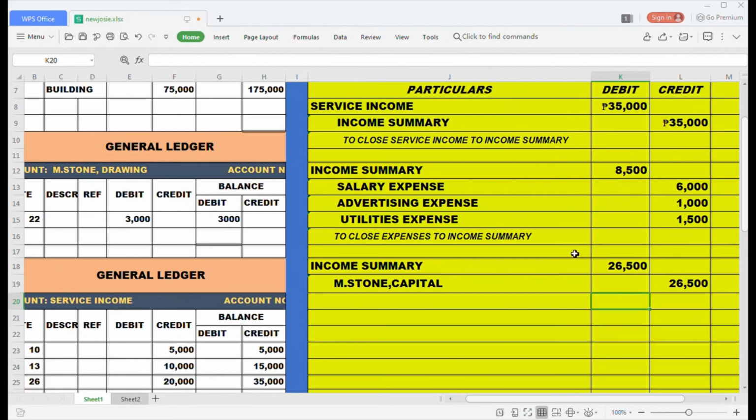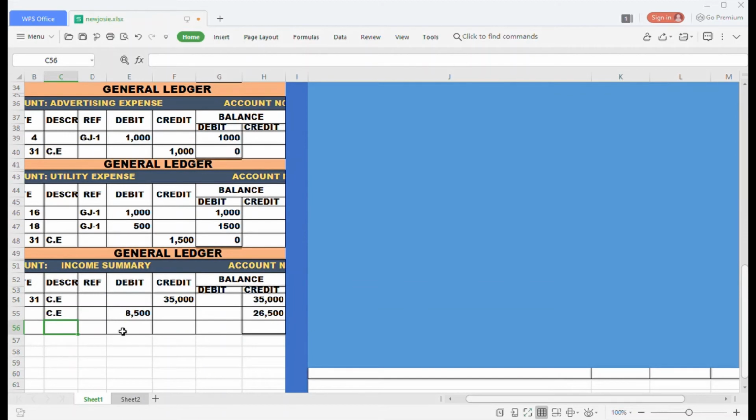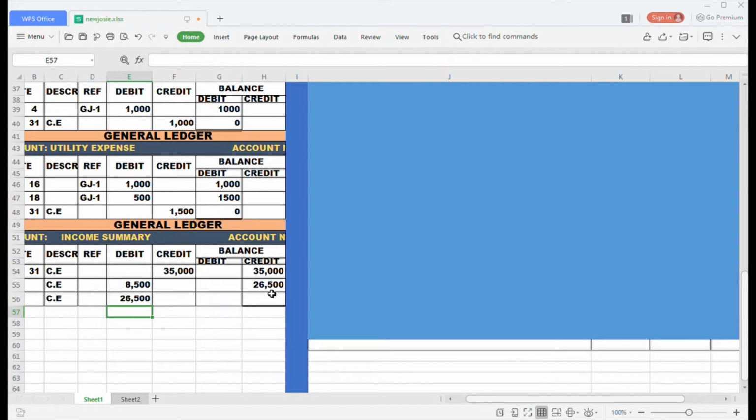Remember guys, we have here our income summary debit. Okay, so we have here closing entries, debit 26,500. So because we do the opposite action, this is credit and this is debit, so this is 0. Our income summary is now 0 and it is already closed.